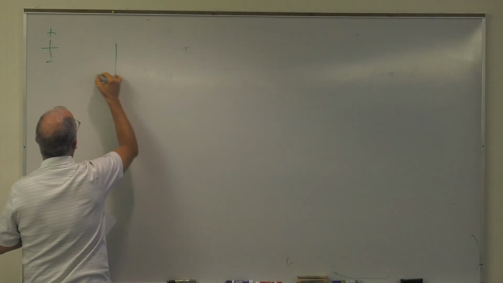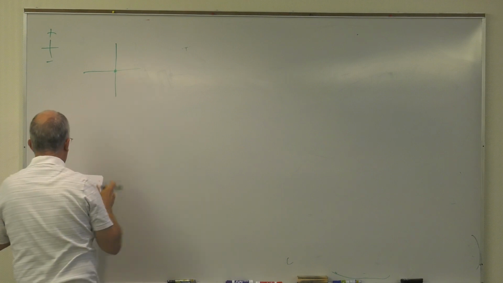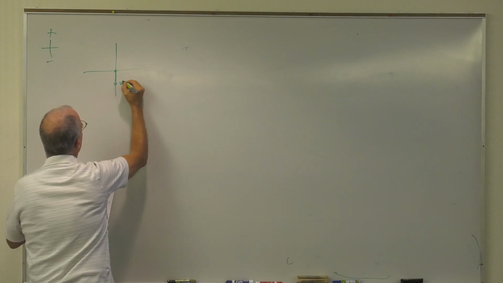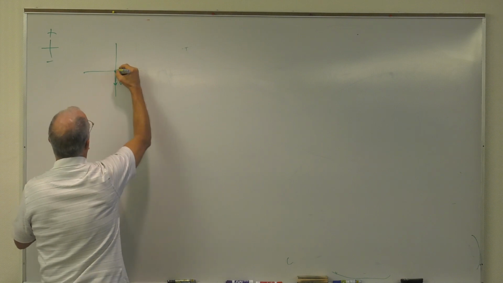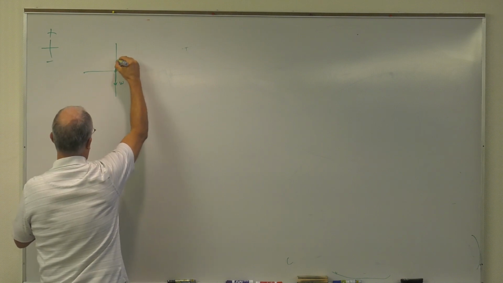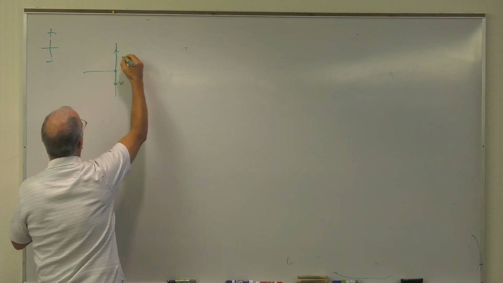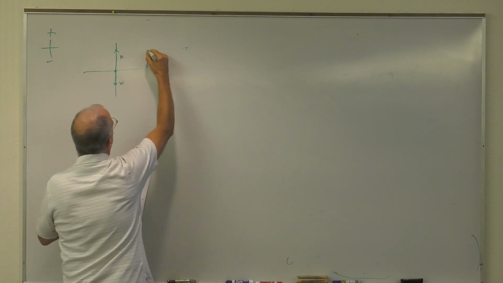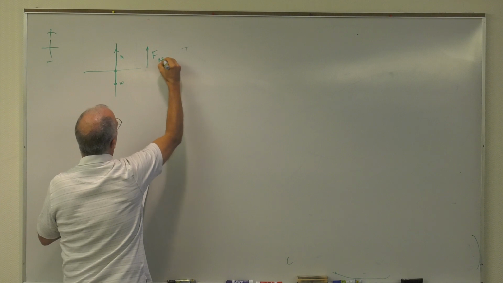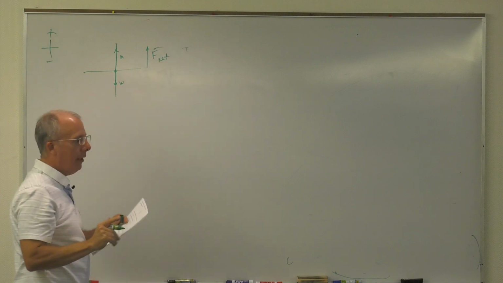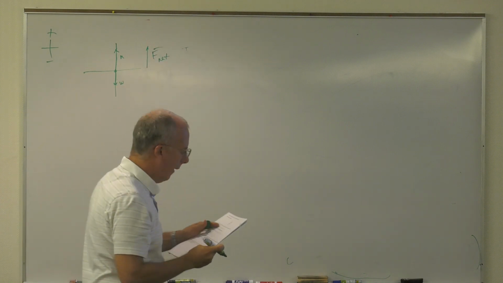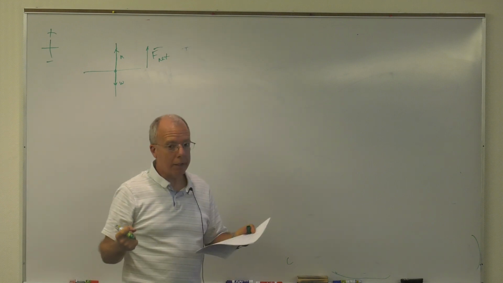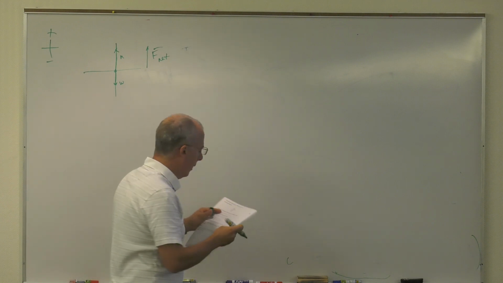Okay, so there's the weight, and then there's the normal force. And the net force or the acceleration, either one, is that way. You're accelerating that way. So this is a non-equilibrium problem because there's acceleration.